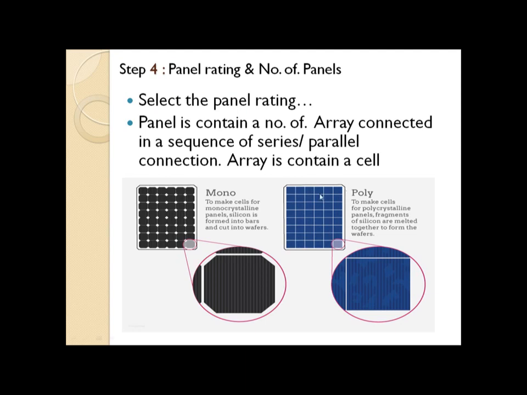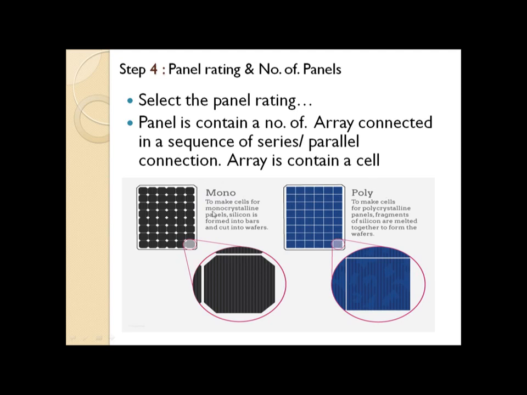You are looking here; first understand what a panel is. A panel is nothing but an array connected in sequence, which may be series or parallel. What is an array? Single PV cells connected in sequence are called an array. There are two different kinds of photovoltaic cell designed by manufacturers: one is the monocrystalline structure and the other is the polycrystalline structure.